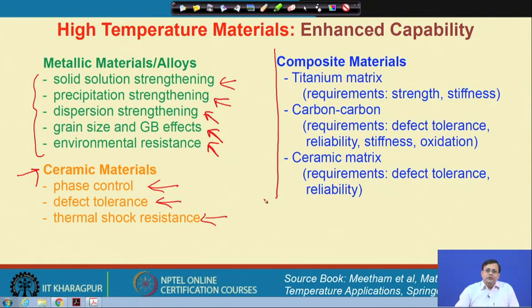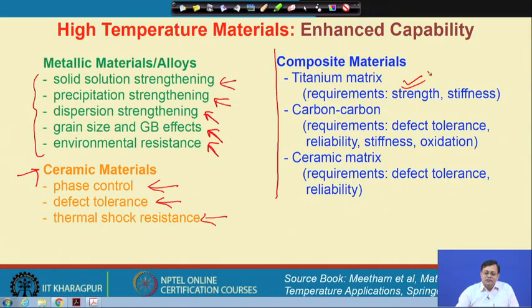There we have a small window of enhancing capabilities in terms of strength by controlling the volume fraction of the second phase, or the stiffness. That is why I write here enhanced capability. It already has some capability; however, we want to enhance it for a better service life.